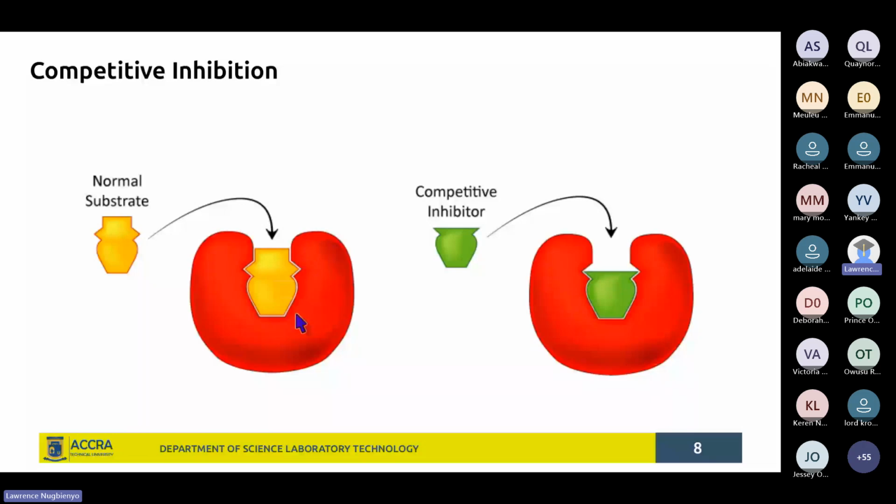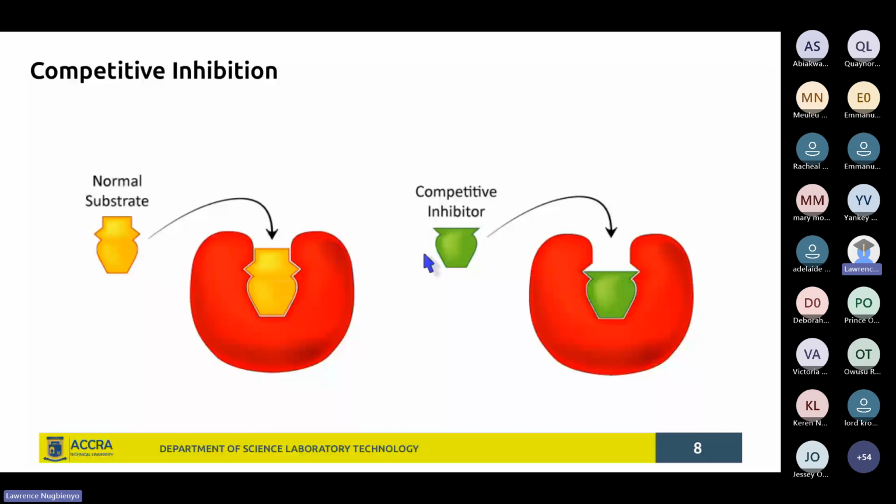How about if you have an analog, say a structural analog, a compound that has a structure just like the substrate of that enzyme. But it is not the substrate, but it looks like it.